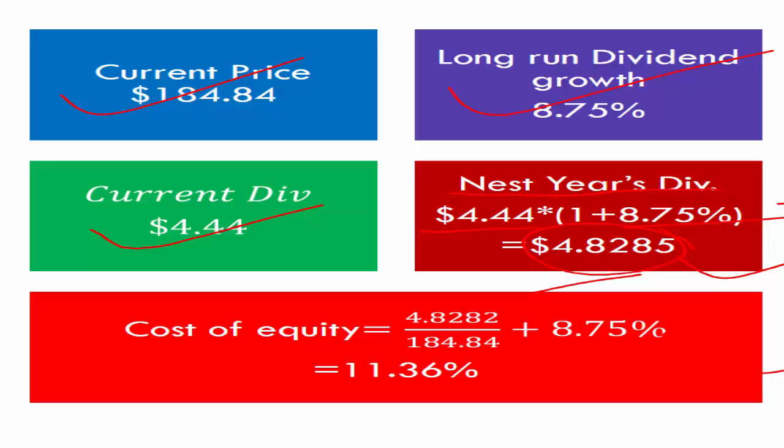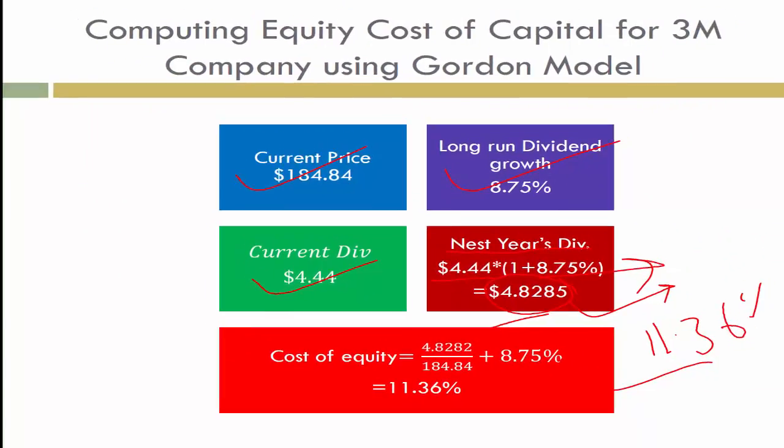And if you simplify this equation, you are getting 11.36%, which is the cost of equity. What does this mean? That means, let's say the 3M company wants to fund its expansion using its retained earnings, then the cost of that retained earnings is 11.36%. That is method 1.